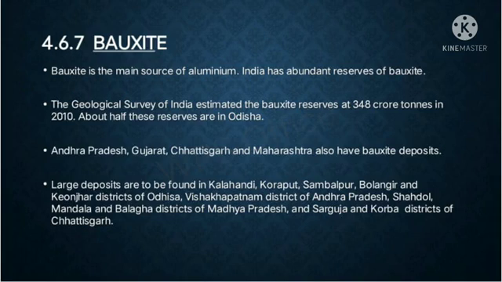Large deposits are found in Kalahandi, Koraput, Sambalpur, Bolangir, and Keonjhar districts of Odisha, Visakhapatnam district of Andhra Pradesh, Shahdol, Mandla, and Balaghat districts of Madhya Pradesh, and Sarguja and Korba districts of Chhattisgarh.